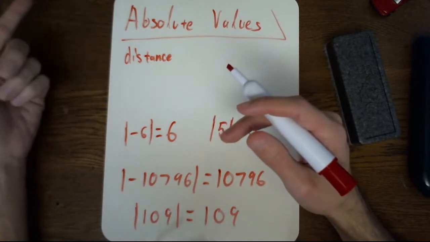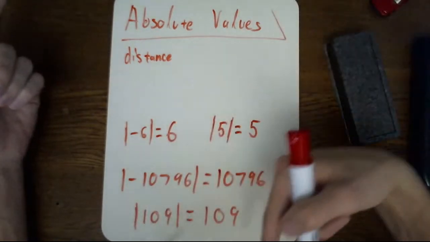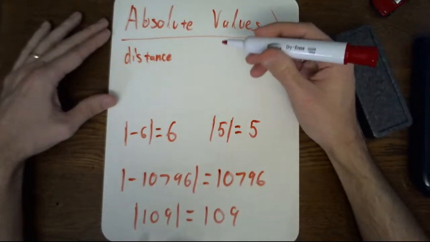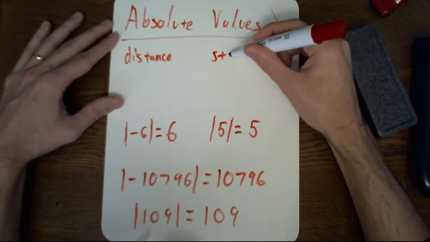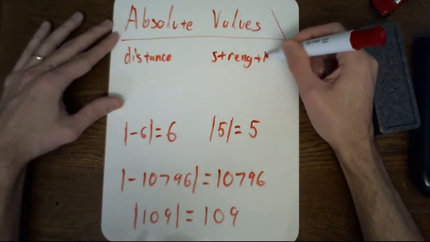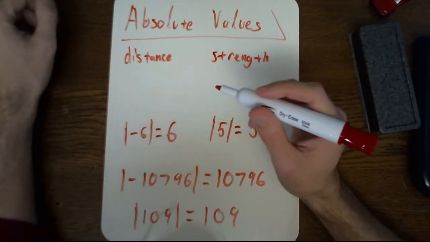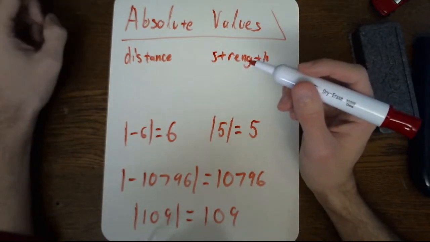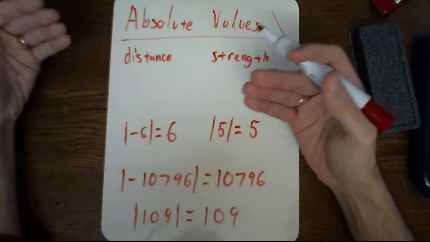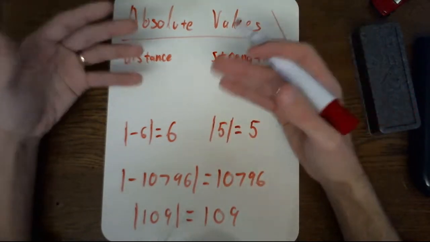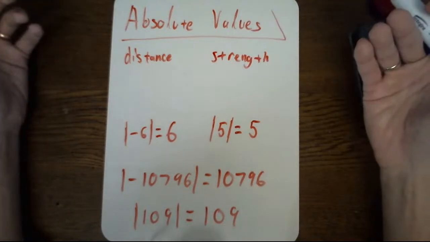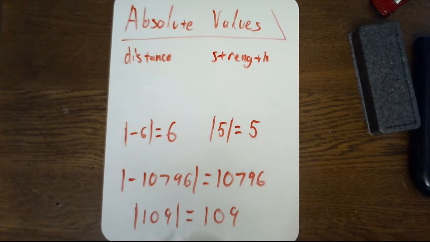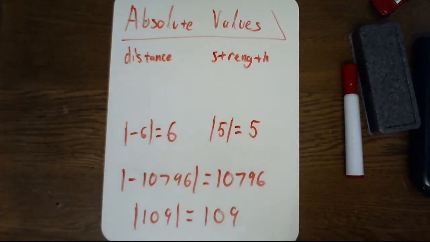But if you travel 4 miles in a direction, in any direction, you still traveled 4 miles. So distance, strength. You can't really have negative strength, right? If you can deadlift 250 pounds, it wouldn't make sense for me to say you can deadlift negative 100 pounds. So strength is another example of absolute value. I'm sure there's more, but you get the point.